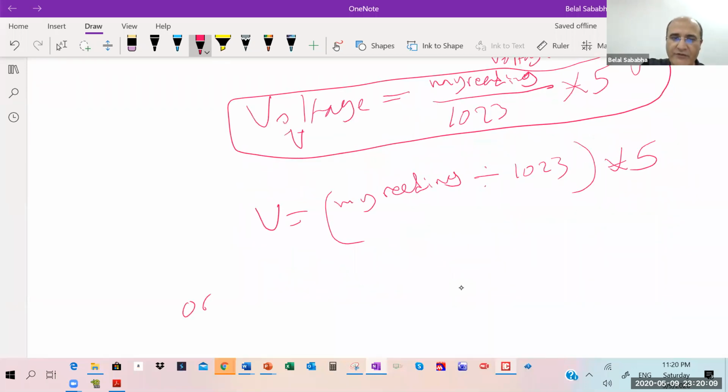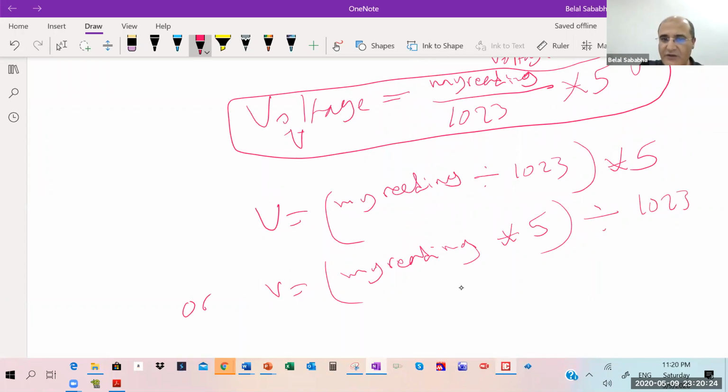Or V equals my reading times 5, and then this is divided by 1023? Which is better, or does it not matter?